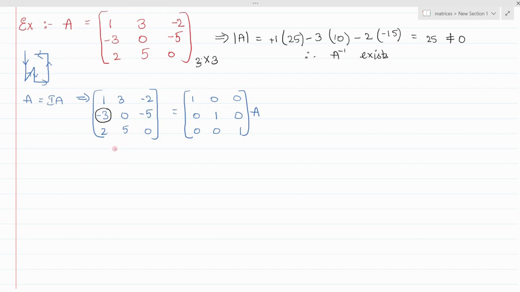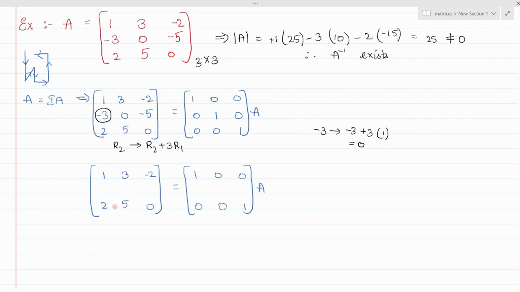So here we can write it as row 2 changes as row 2 plus 3 times row 1, because by using this we can convert minus 3 to minus 3 plus 3 times row 1, that is 1, and we'll get 0.